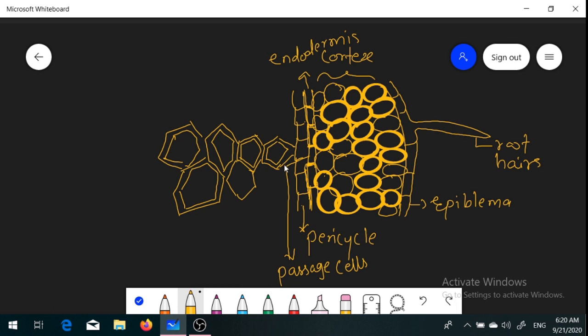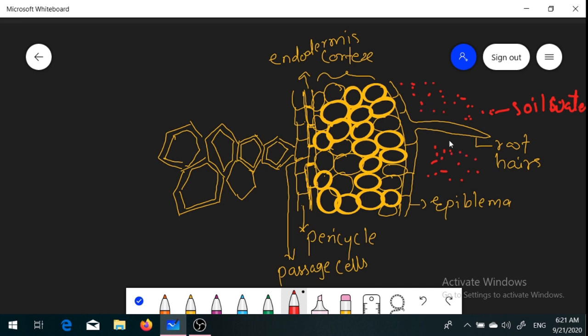So what happens when the water which is present in the soil in the form of soil solution? So it is soil solution or soil water. Okay. So this soil water contains dissolved minerals in it. So these minerals turn into particles.